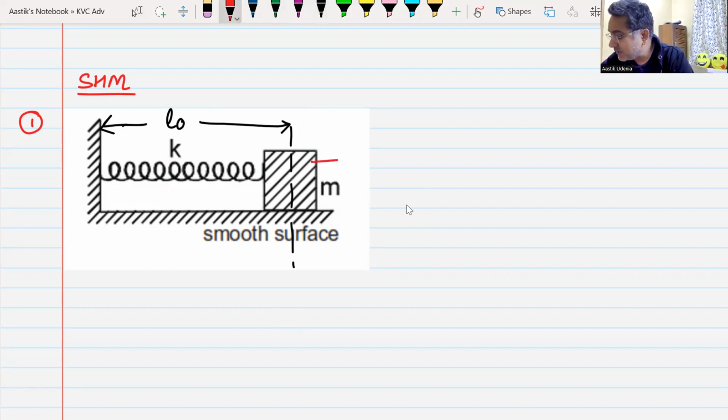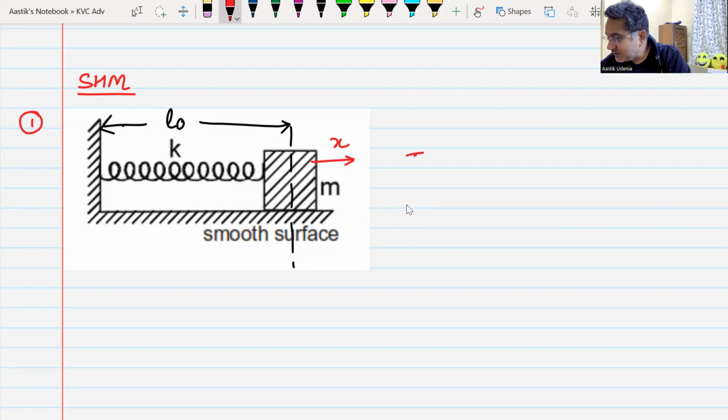But if I displace the block by a very small amount like this, what will happen? The spring will try to bring it back. Yes or no? Yes, sir. There will be a force acting on the block. That force will be equal to minus kx, minus sign indicating that the force is backwards. And the particle will start to execute SHM. Yes or no? Yes, sir.